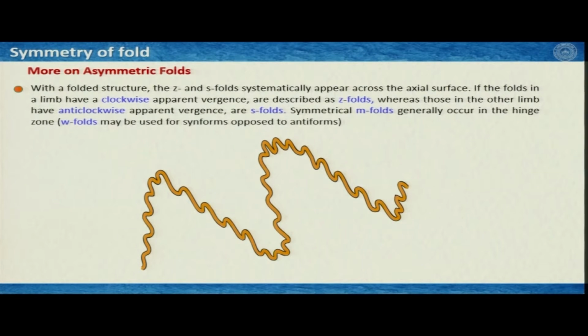Now, if the folds in a limb have a clockwise apparent vergence, they are described as Z folds. So, let us have a look.